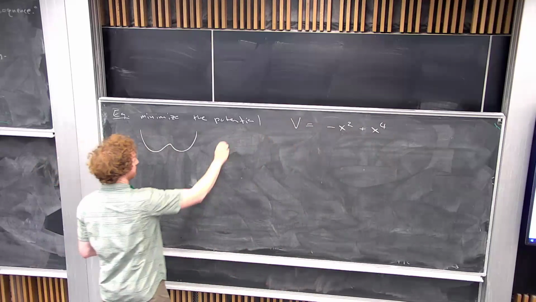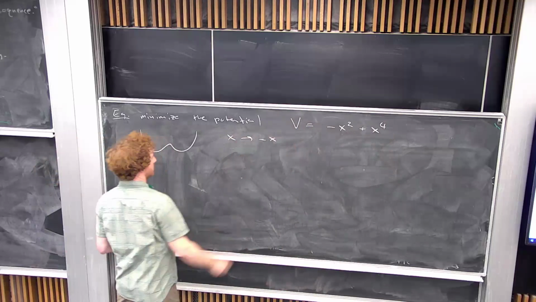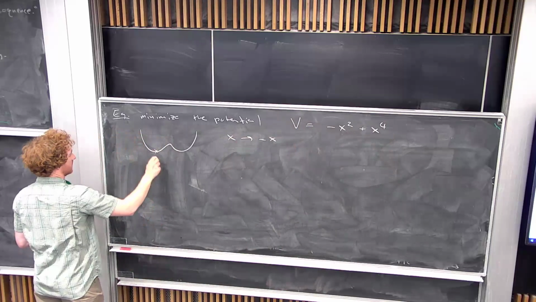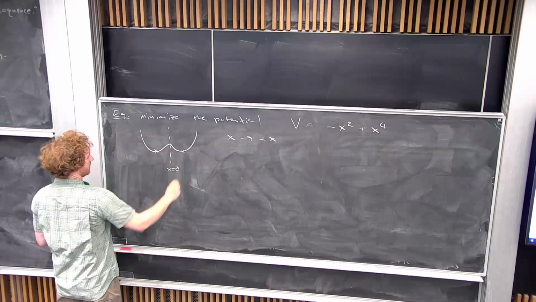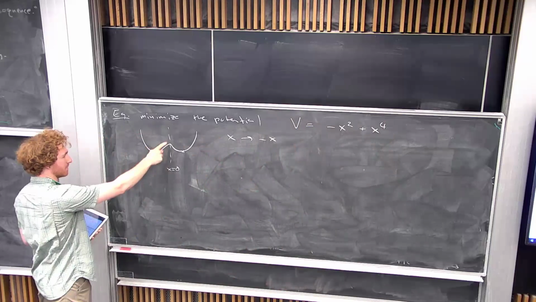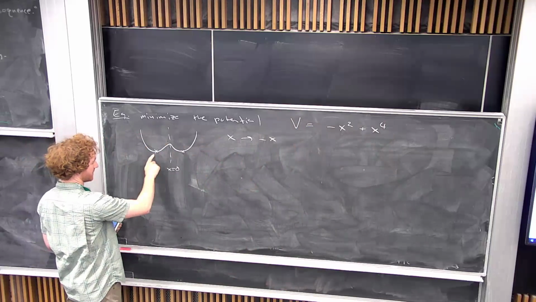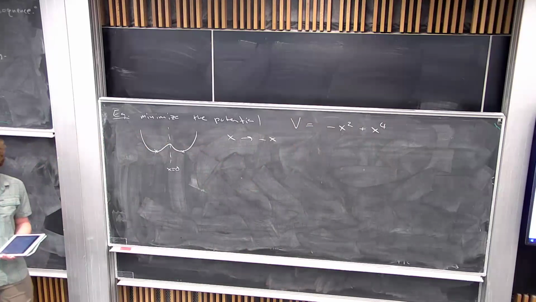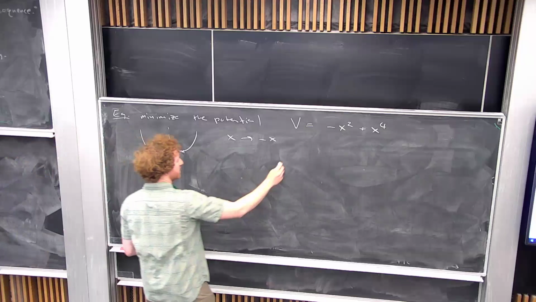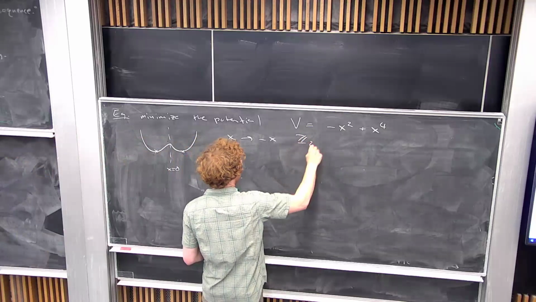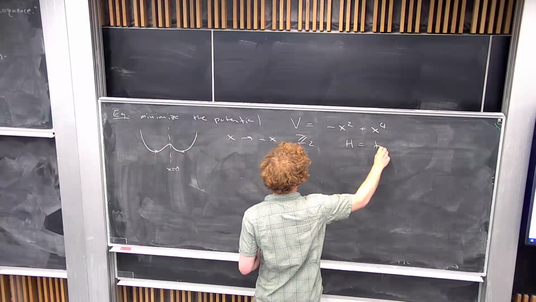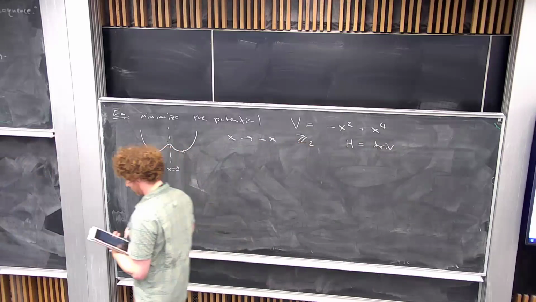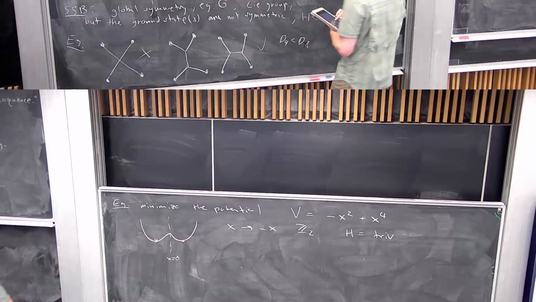There's a symmetry, but the minima, here's x equals 0. There's a maximum at the symmetric point. So the minima are actually at these non-symmetric points. So here we have V2, which is broken to nothing.